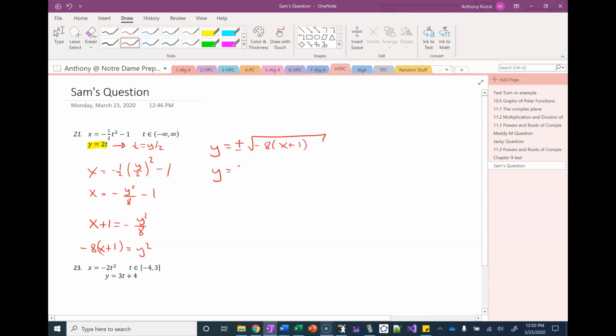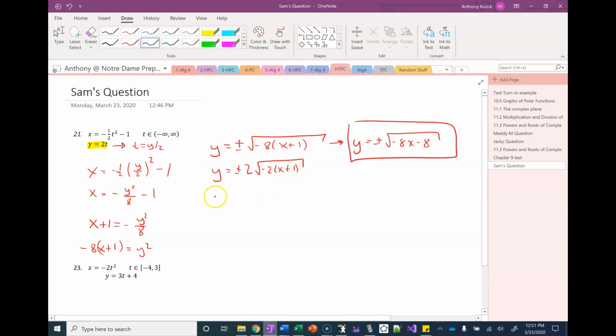That's 2 root 2, so I'll move a 2 out front. Or I guess if I looked at the answers again, I would have seen that we just left it in this form. So that's fine. You don't have to do this, although it's not incorrect if you did.